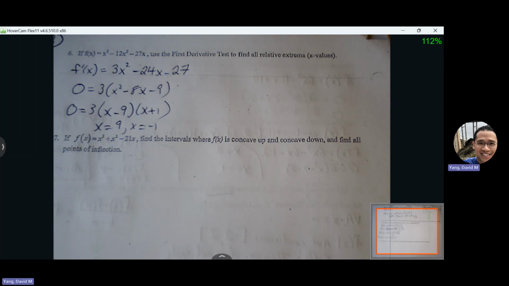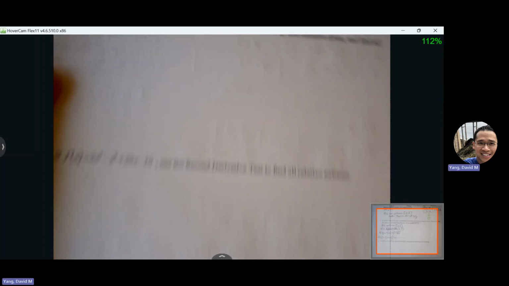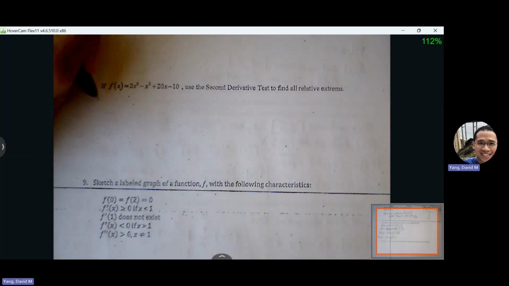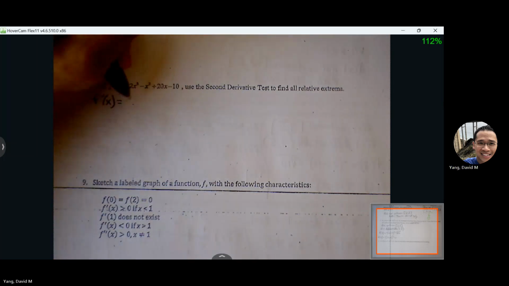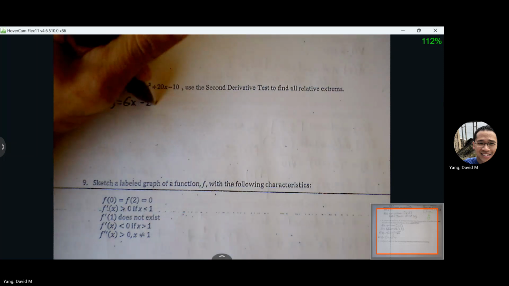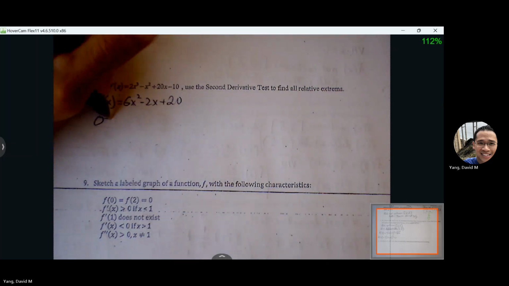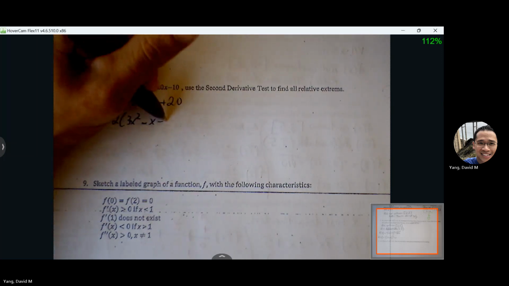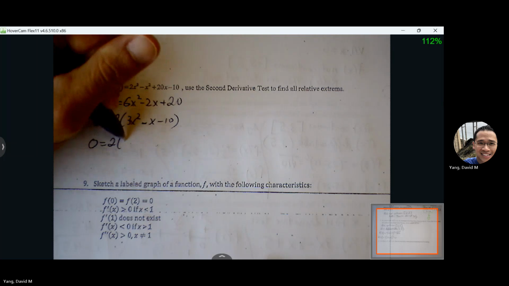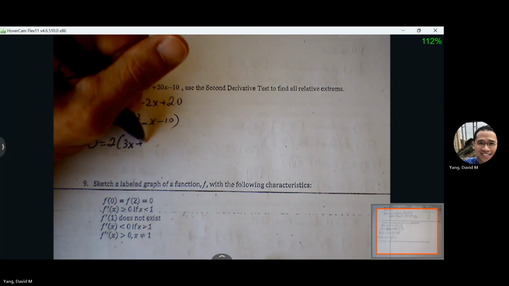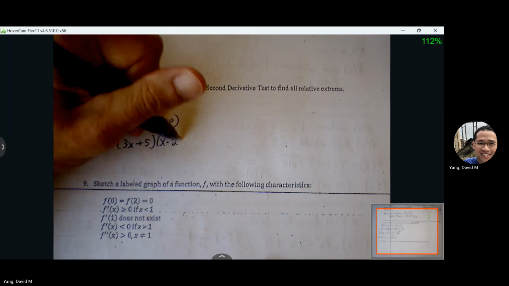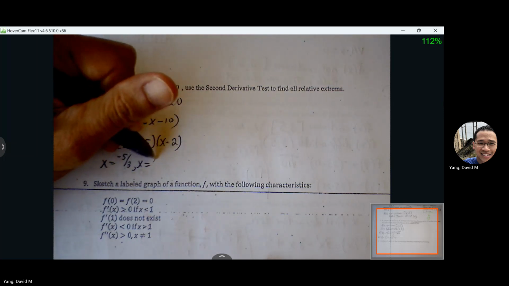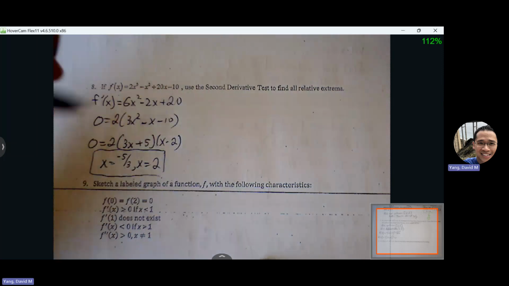So with the second derivative test, you're going to start off like the first derivative test. Find your critical points the same way from f prime. So these are the candidates we're going to test.